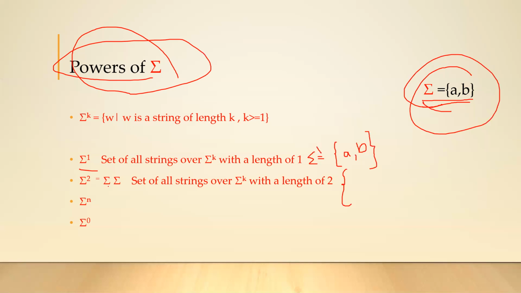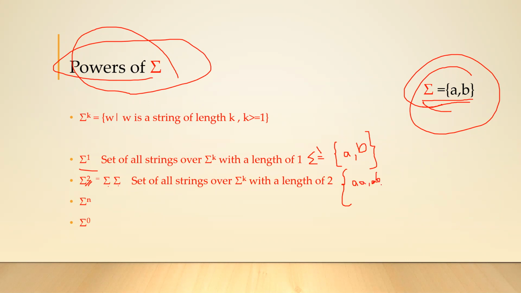Sigma raised to 2 is nothing but the set of all the possible strings which are possible from sigma AB, which have the length of 2. So let's find out the combination. You can have a string called AA. You can have a string called AB.